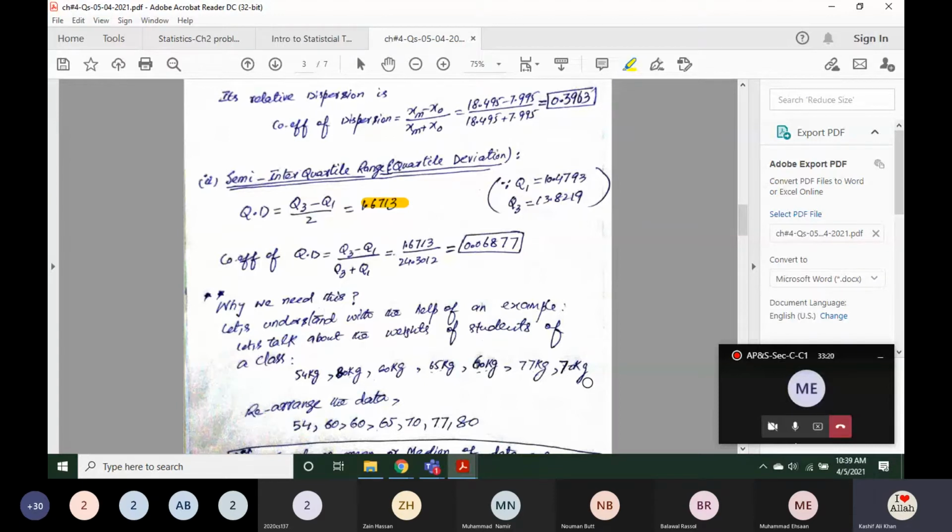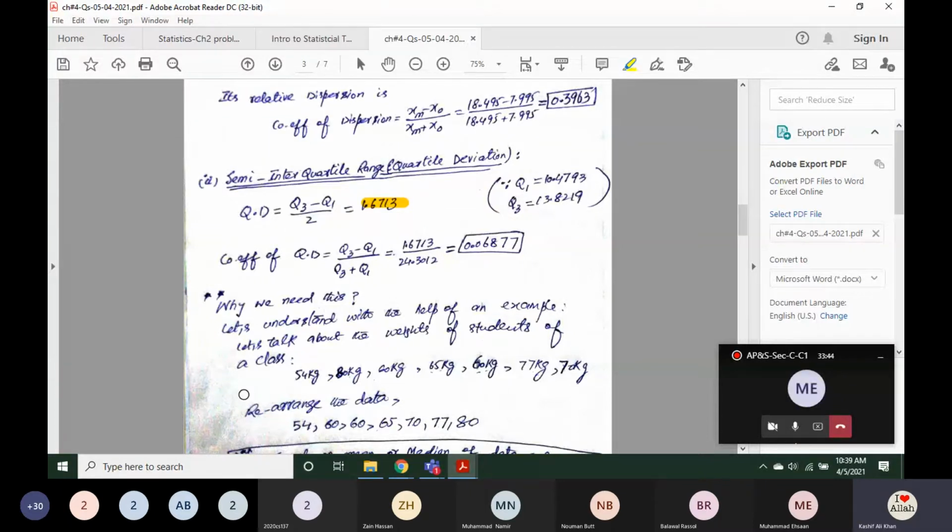In the previous lecture, we have already talked about the quartile deviation or interquartile range, that whenever you see some extreme values, it is better to compute the interquartile range as compared to the range.